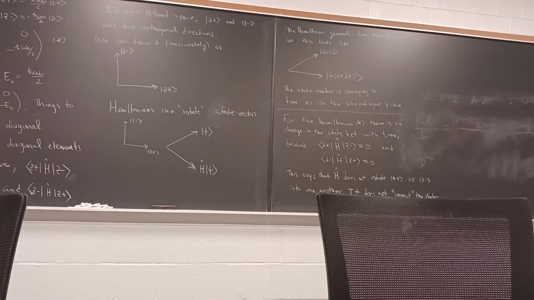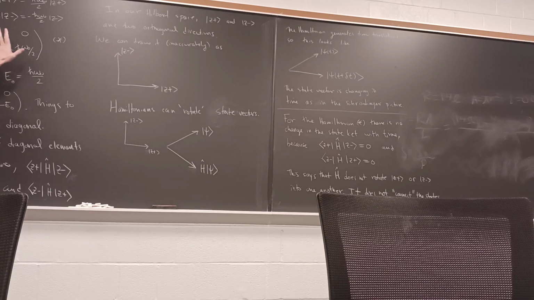So when you have a Hamiltonian that's diagonal in your basis states, there's a representation of our Hamiltonian in some basis, and when it's diagonal in that basis, then you have stationary states. They don't change.